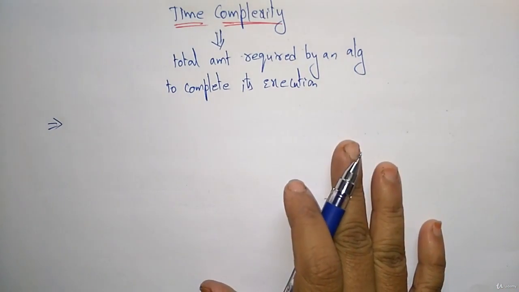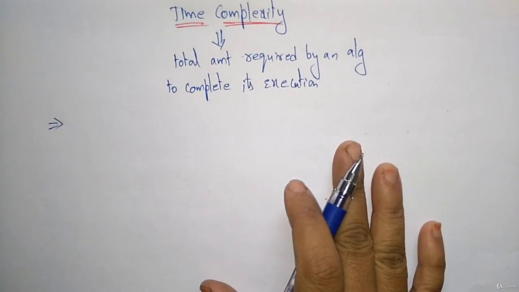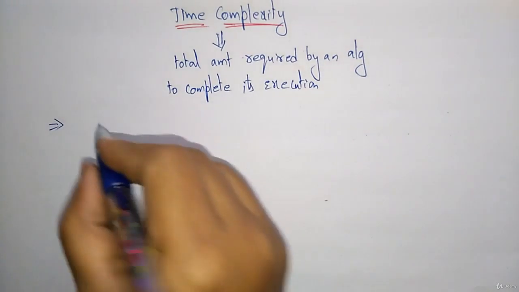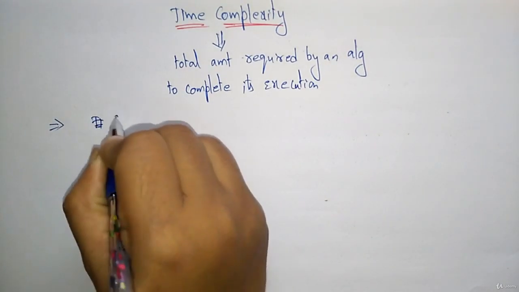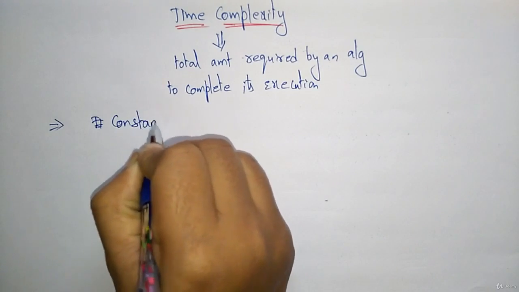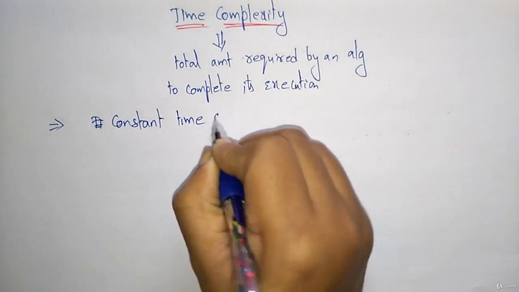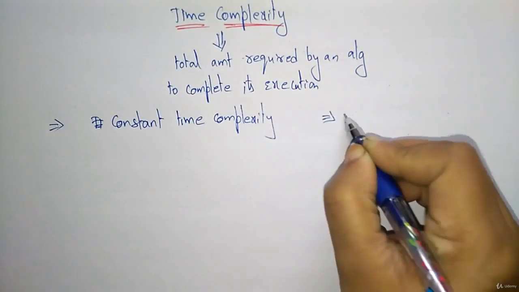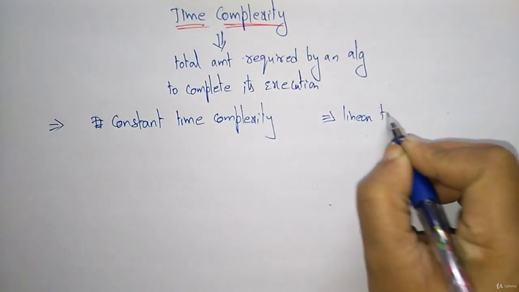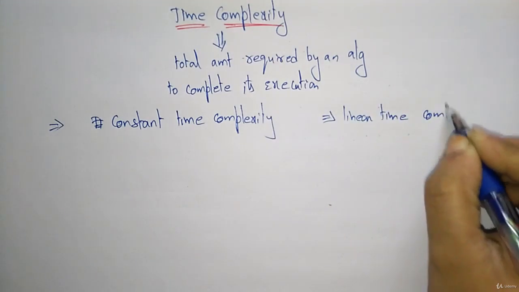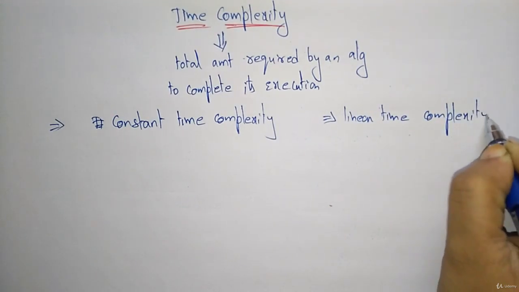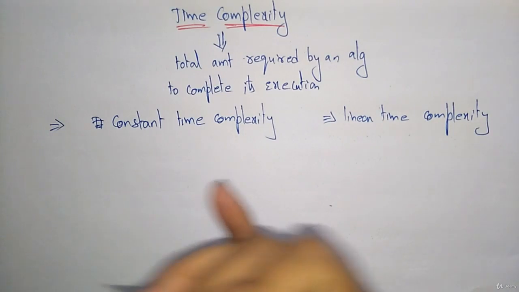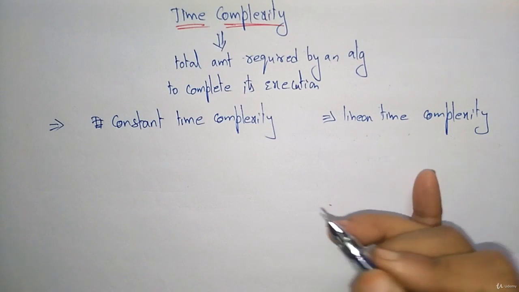In the same way, for the time complexity also, you have constant time complexity and linear time complexity. So the algorithm will use a constant time complexity, or the algorithm will use a linear time complexity.